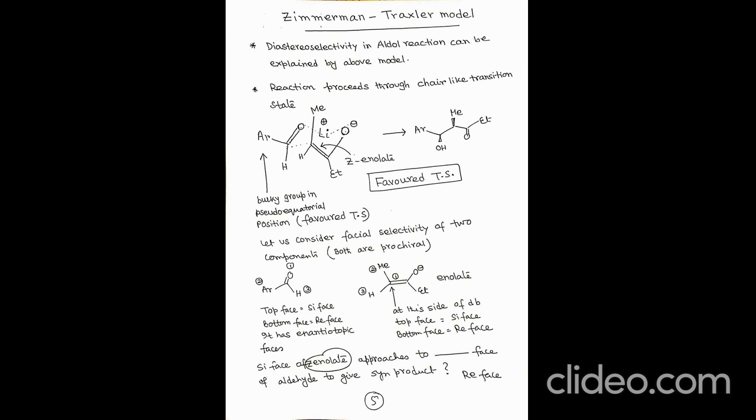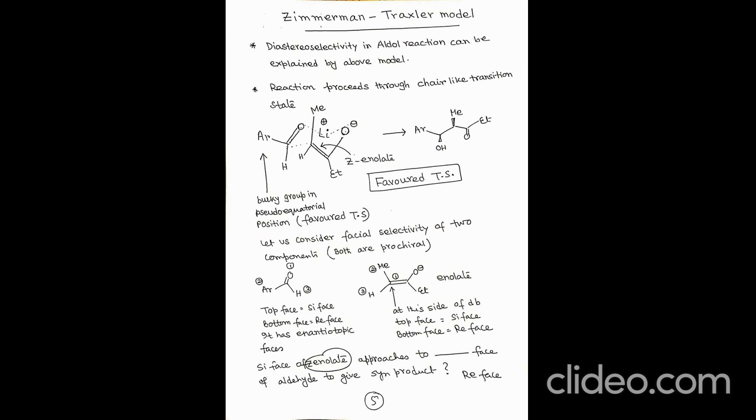Now, if we write the Z enolate and the carbonyl compound with the bigger group in the pseudo-equatorial orientation, then it is very clear that when the Z enolate undergoes the reaction with the C double bond O, in that case we will be getting the syn product. By adjusting the picture, it is easy to identify the way I have written the favorable transition state. Methyl is above the plane of the Z enolate, so methyl will be up, meaning a beta orientation.